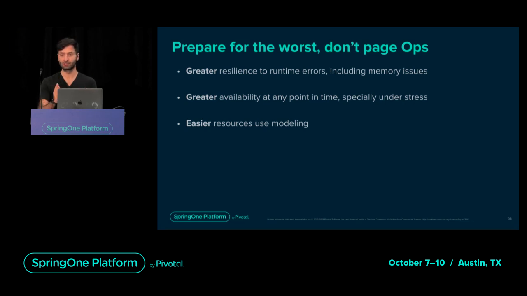So when a connection has a problem, we treat that connection directly, so just the one user who has the problem. With a servlet container, it's not as evident, and we'll see that in a second. The other thing is, under stress, and we've seen that in the benchmark, the application is more available because it spends less time in garbage collection.